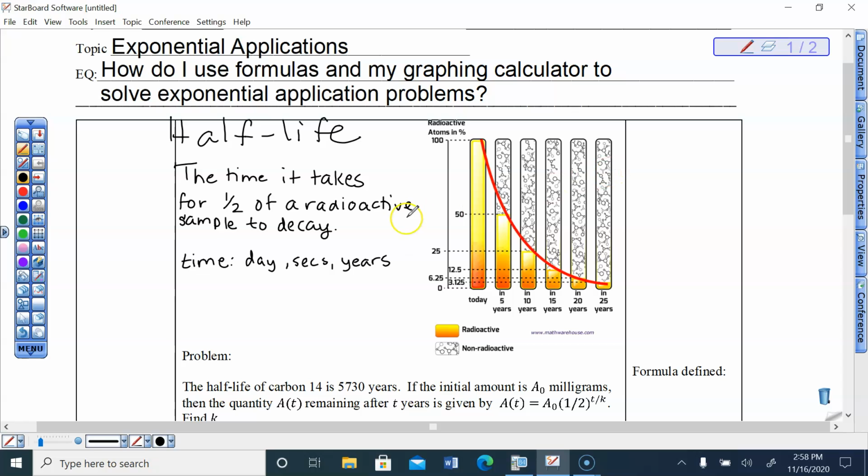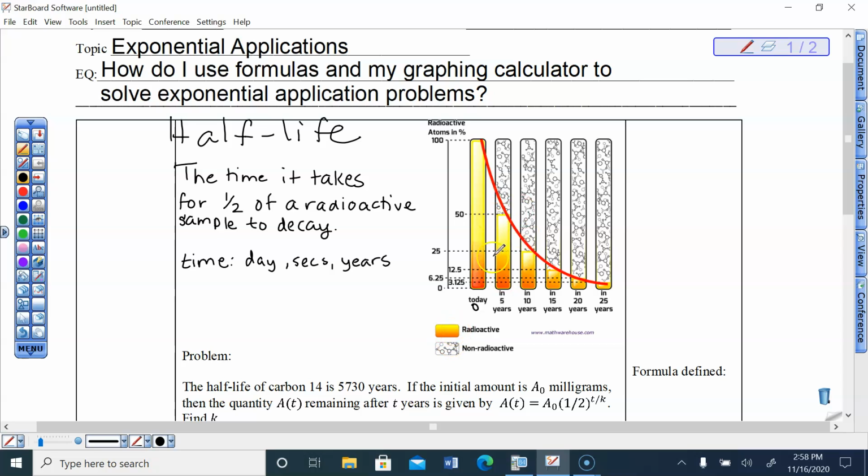Okay, and here's a pretty good example of a half-life, where you can see that this is exponential decay. Anyway, you can see here your exponential decay happening. So at today, this would be in 0 years, I am 100% radioactive. You can see down here on the key what that means.